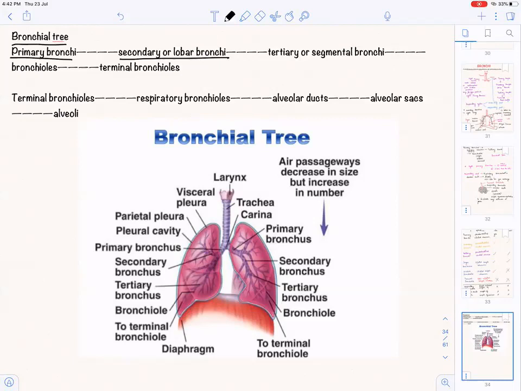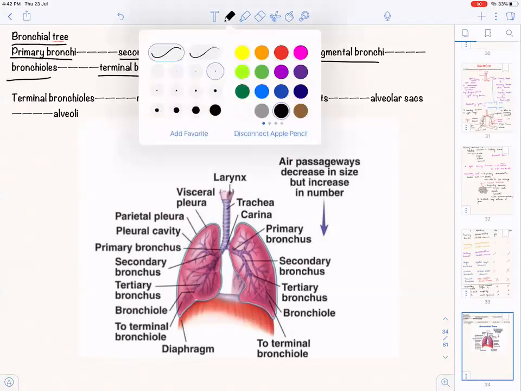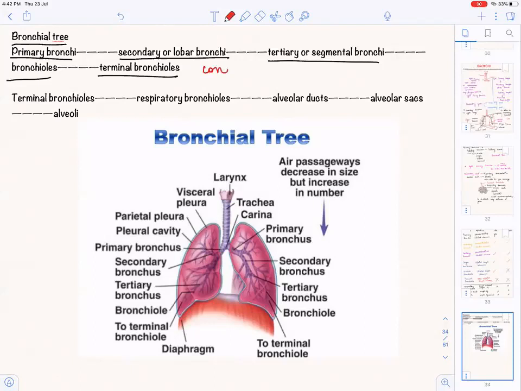Then tertiary or segmental bronchi, bronchioles and terminal bronchioles. So here this is the conducting part. Now we know about the epitheliums also, we know about the various cells that are present. Now the respiratory bronchioles, alveolar ducts, alveolar sacs and alveoli, they represent what? They represent the respiratory part.